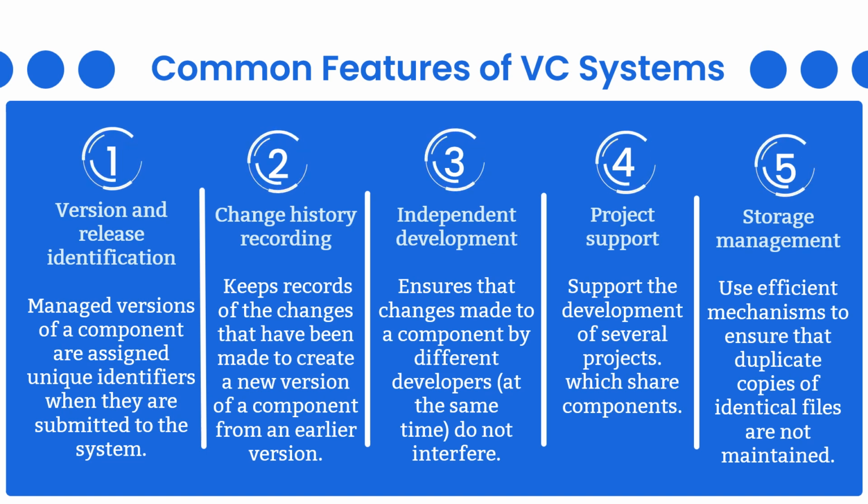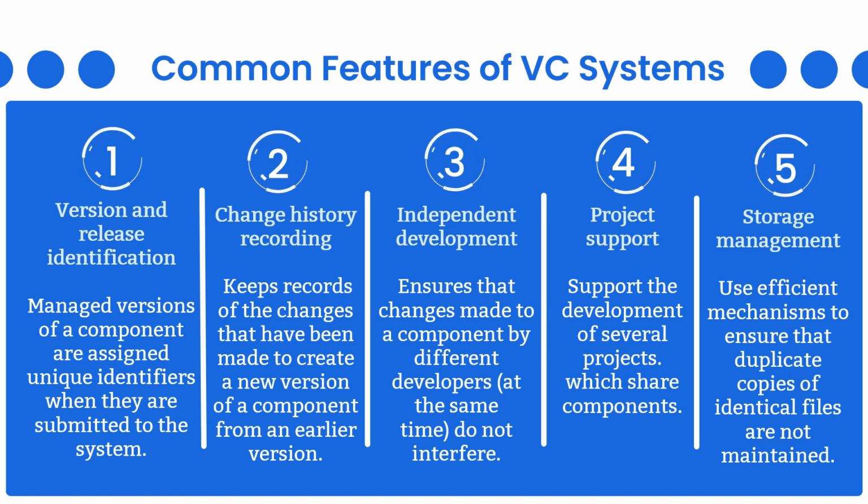3. Independent development. Different developers may be working on the same component at the same time, and the version control system keeps track of components that have been checked out for editing and ensures that changes made to a component by different developers do not interfere. 4. Project support. A version control system may support the development of several projects which share components. 5.